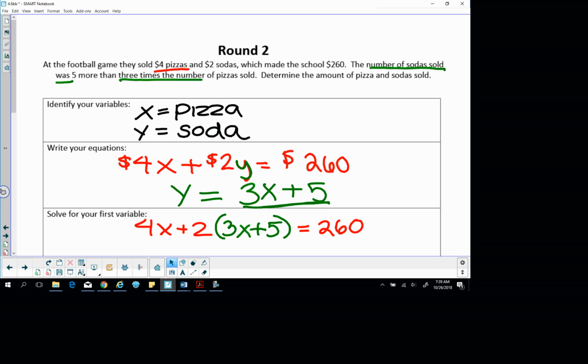Now plug it back in. So remember, you could plug it back into either of these equations, and you're solving for x. The easiest one is probably this one. So all you have to do is plug it in right there.